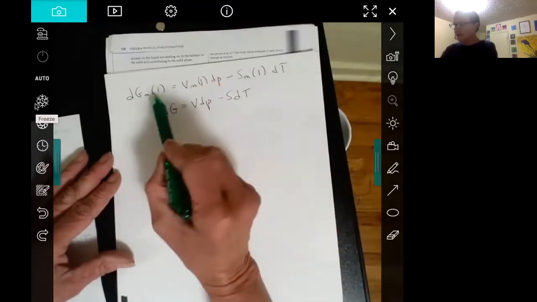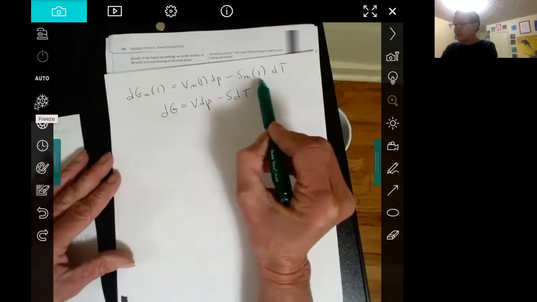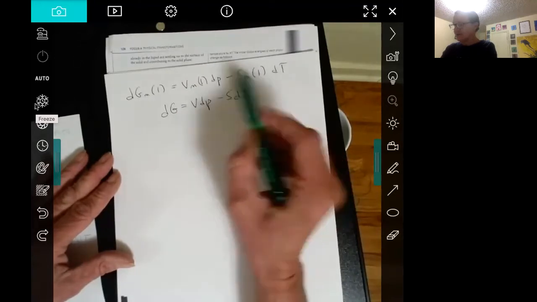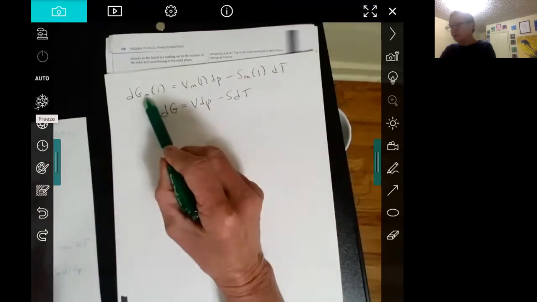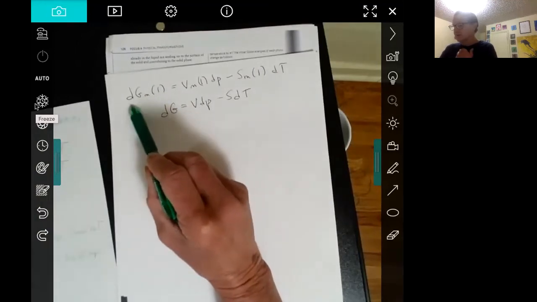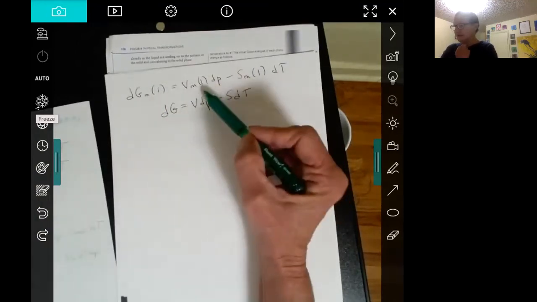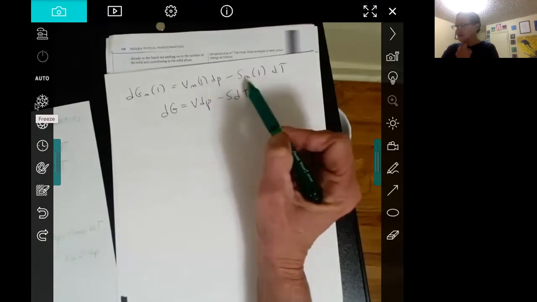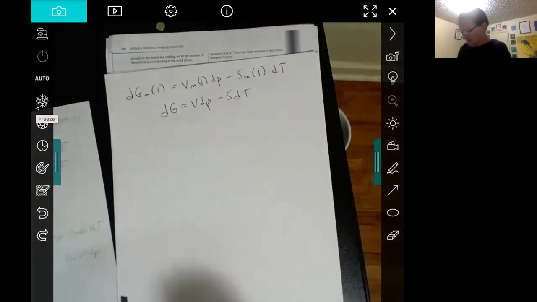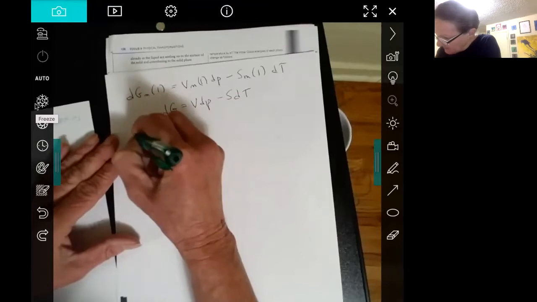So if we have one phase, we'll say one is just a phase of our substance, and we're going to talk about molar. So the little subscript m means the molar Gibbs free energy changes as a function of volume, pressure, entropy, and temperature. Then we can write the same thing for the other phase.